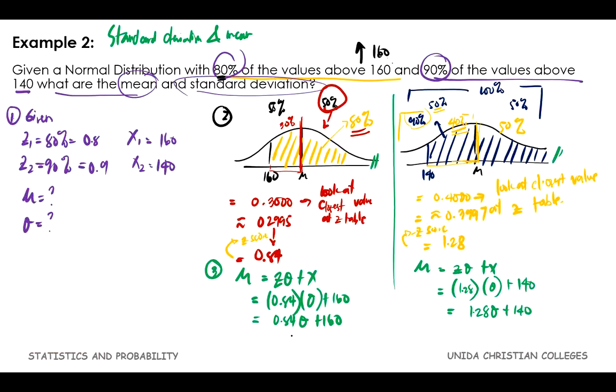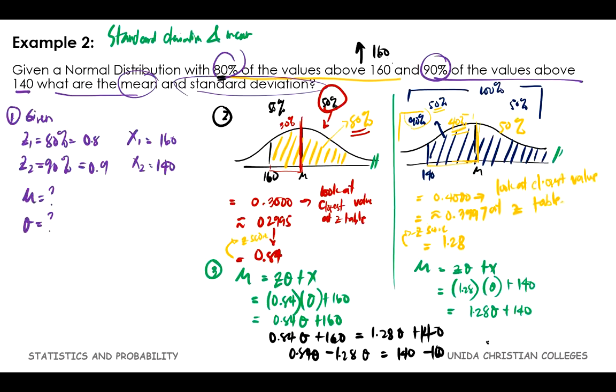So, we have 0.84 standard deviation plus 160 is equal to 1.28 standard deviation plus 140. Okay, so pagsamahin natin yung dalawang standard deviation. So, 0.84 standard deviation minus 1.28 standard deviation is equal to 140 minus 160.